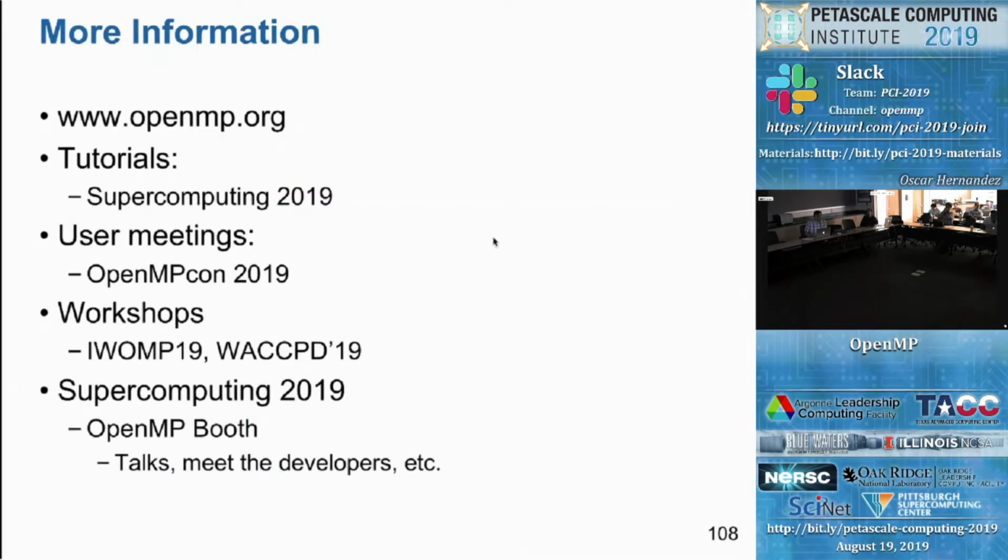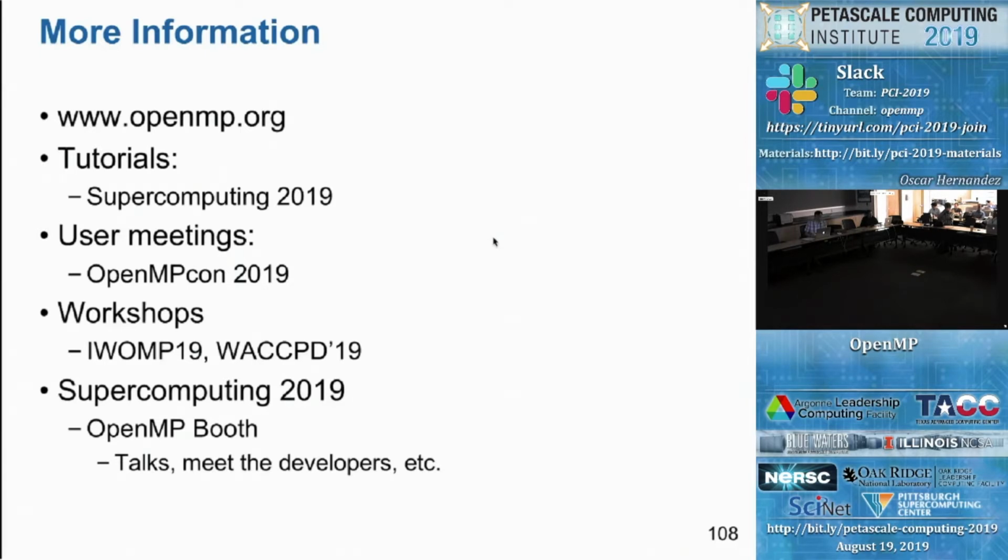Okay, so that gives a little bit of an overview of what you will see in OpenMP 5.0. For more information, you should always look at the OpenMP website. We're going to have tutorials on OpenMP at Supercomputing 2019. We have a user meeting at OpenMPCon 2019 in New Zealand. Watch out for presentations there.